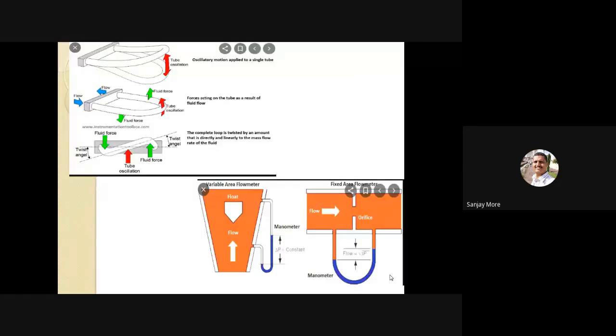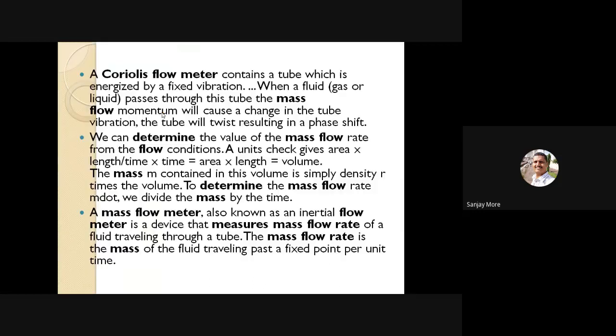Here, when you pass the fluid in that tube, the tube gets vibrated or gets some momentum with the mass of this fluid or liquid. Then we can determine the value of mass flow rate from the flow condition.